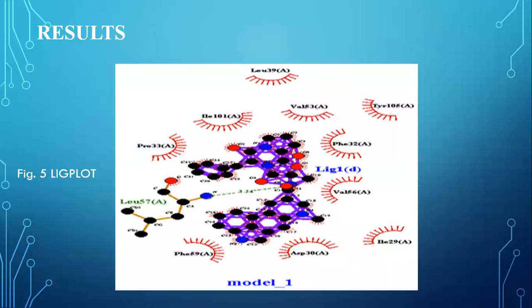And this is the output of the 2D representation by LigPlot. We can see that the purple colored cyclic structure here is the ligand, and the ligand and the protein bind to form a hydrogen bond at leucine 57 of the A chain of the protein. The other structures here are the hydrophobic interactions.